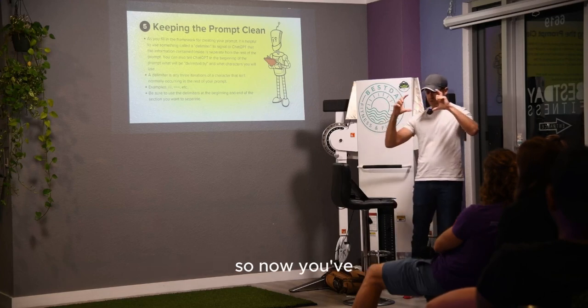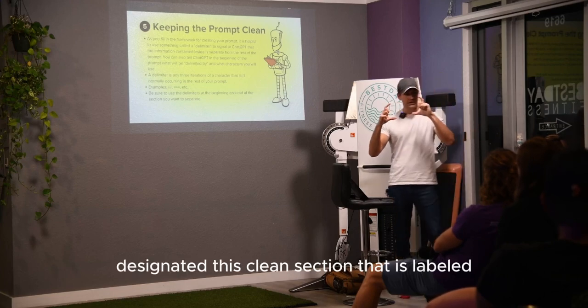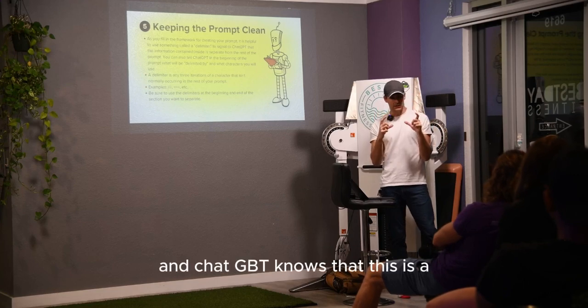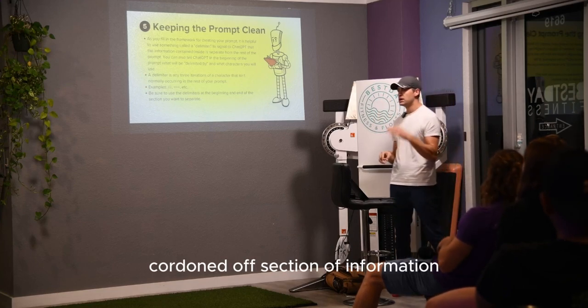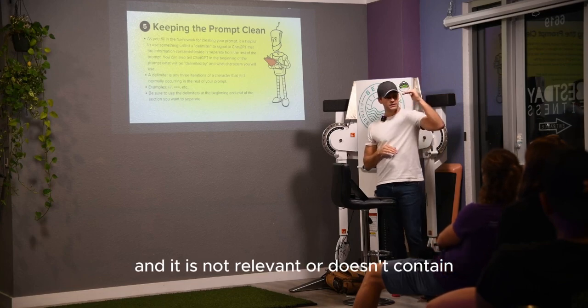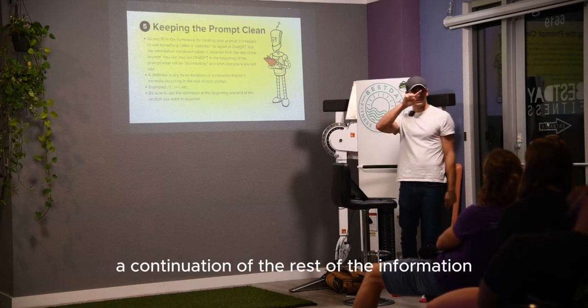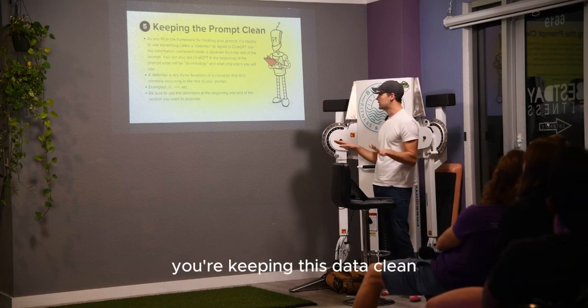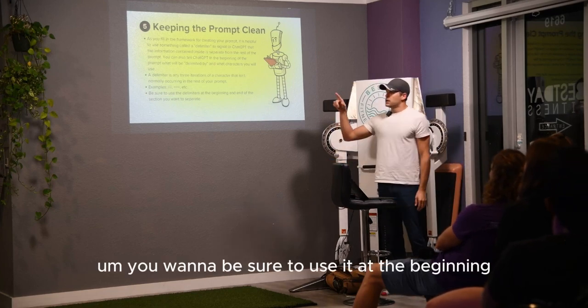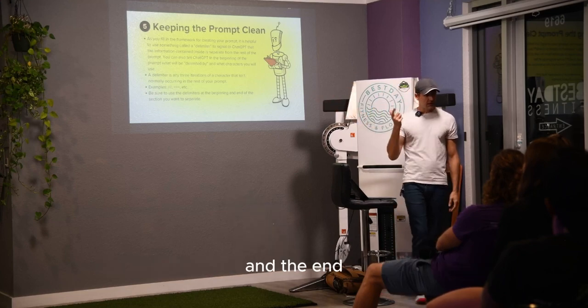So now you have designated this clean section that is labeled with the content, and ChatGPT knows that this is a cordoned off section of information and it does not contain a continuation of the rest of the information. So you're keeping this data clean. You want to be sure to use it at the beginning and the end.